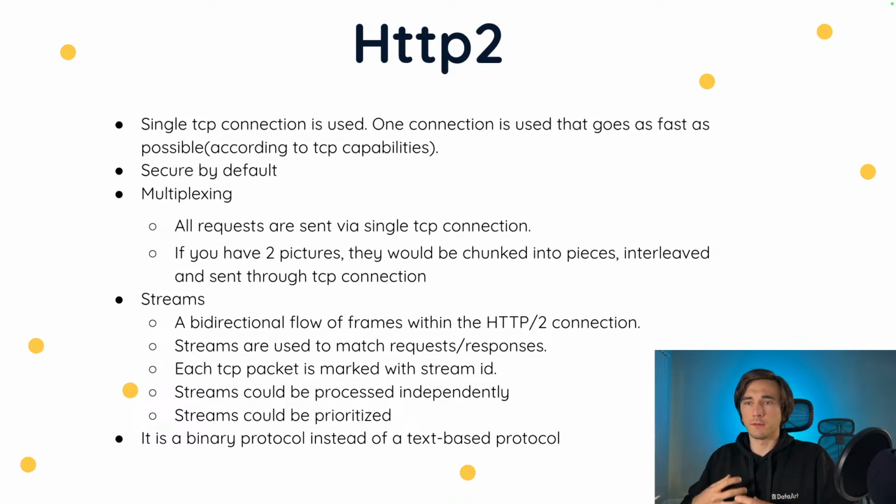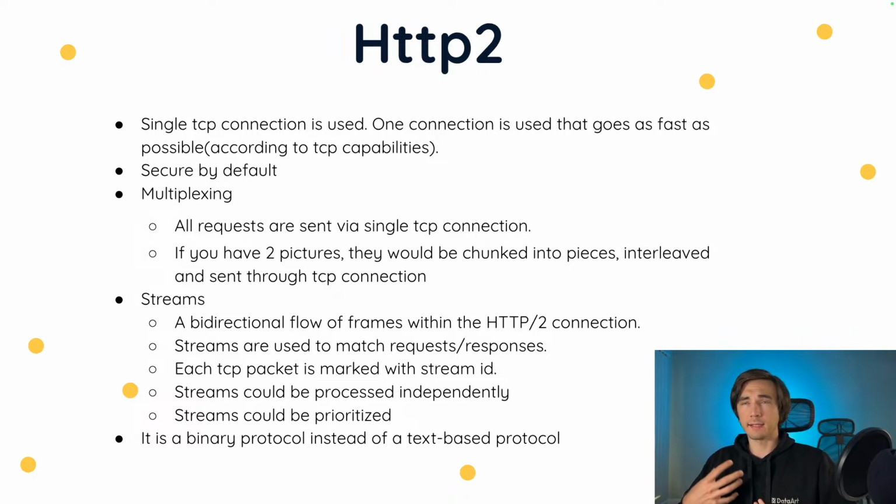So you are transferring all your files at the same time. HTTP2 is secure by default, so I'm not sure you can even configure the HTTP2 protocol over plain HTTP, not HTTPS. Probably it's not even possible.